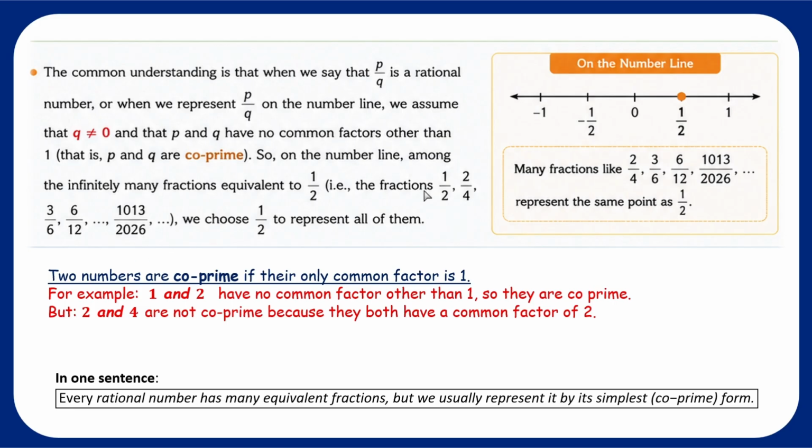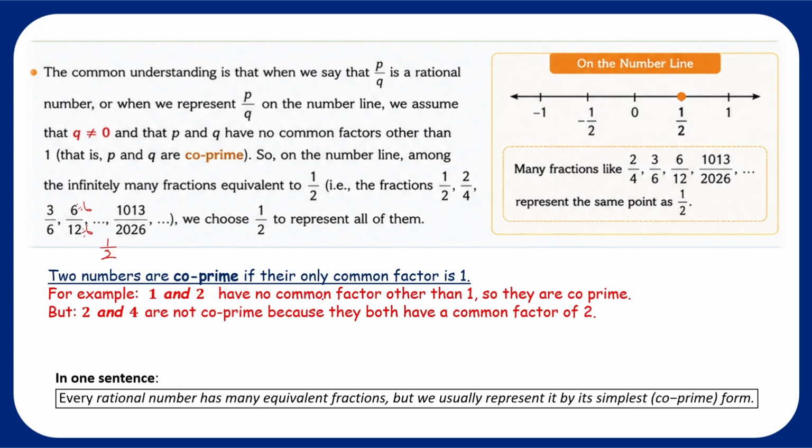Say for example, if you have these values 1 over 2, 2 over 4, 3 over 6 and 6 over 12, while you divide these, if you're going to simplify them, you could see that 6 over 12 simplifies to give you 1 over 2 because 6 could be divided by 6 and 12 also could be divided by 6. So when you simplify all of these fractions, you are going to get 1 over 2 in the simplest form. So which means that only the simplest form of the fraction is being plotted on the number line, and hence these fractions should be co-prime, which means the two numbers are co-prime if their only common factor is 1.